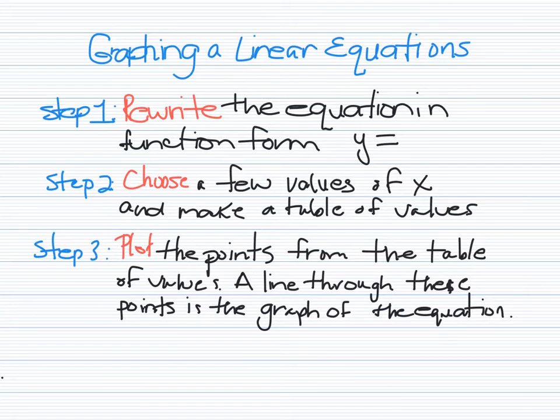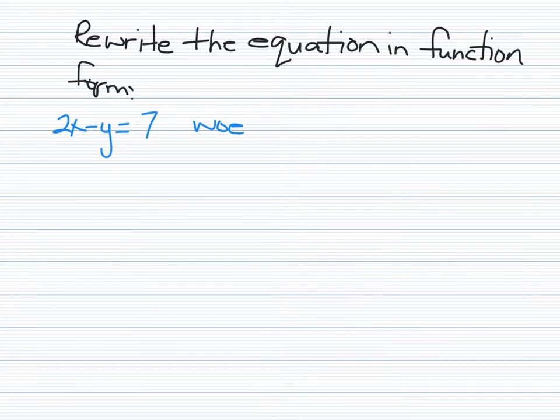So here we have 2x minus y equals 7. I've rewritten the original equation. I can now subtract 2x from both sides. And we would have negative 2x over here. And that would leave us with negative y equals negative 2x plus 7.